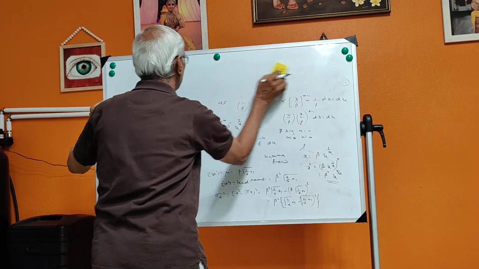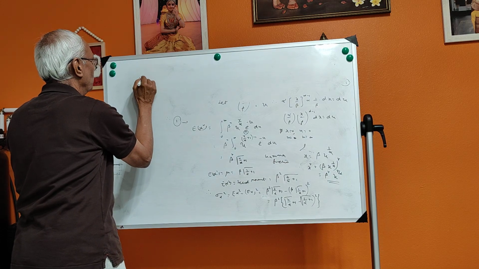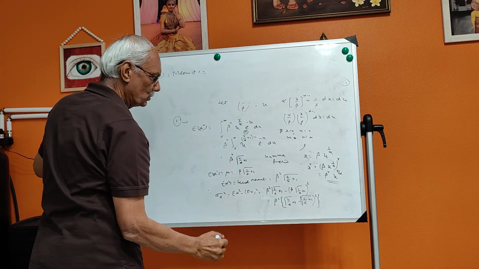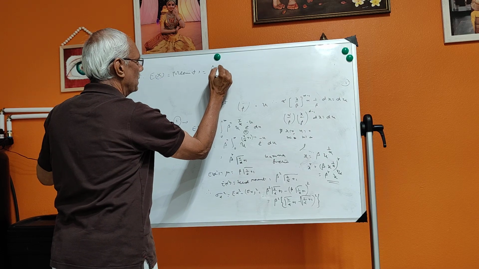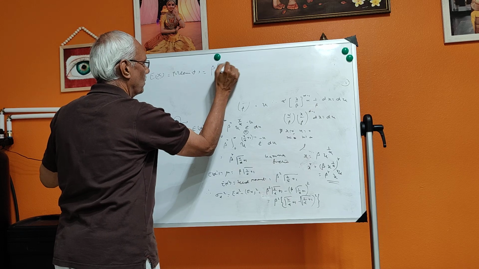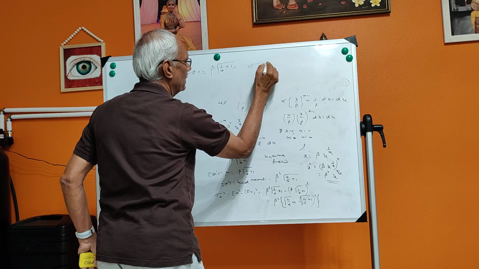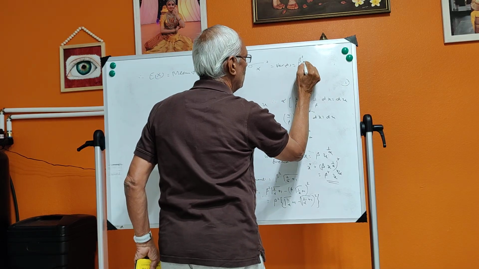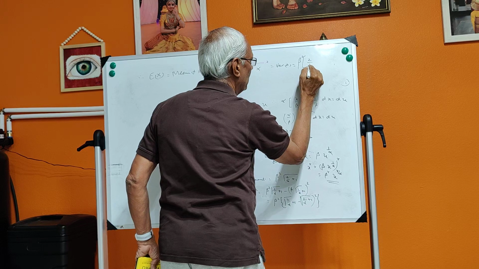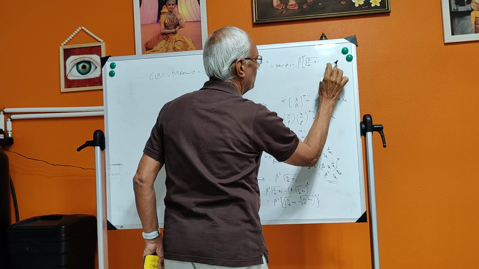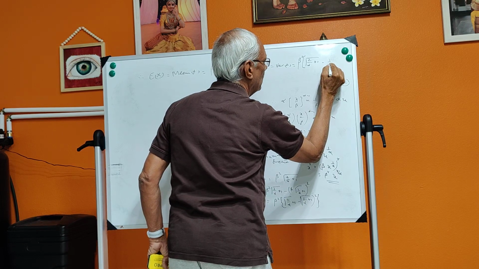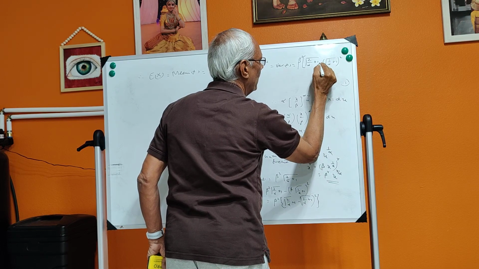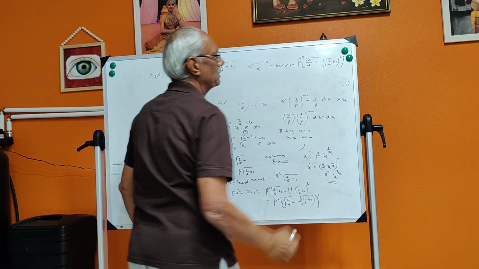Therefore, the mean E of x is equal to beta into gamma of 1 by alpha plus 1. The variance sigma of x squared is equal to beta squared into gamma of 2 by alpha plus 1 minus gamma of 1 by alpha plus 1 whole squared.